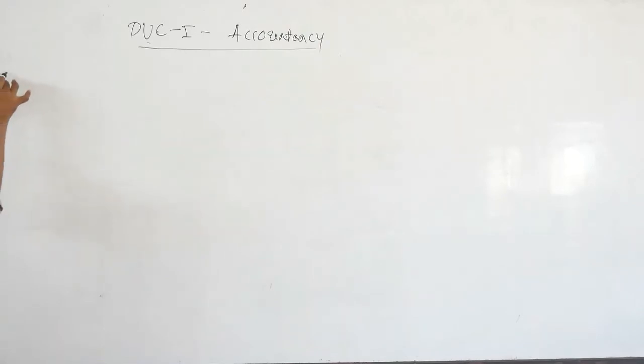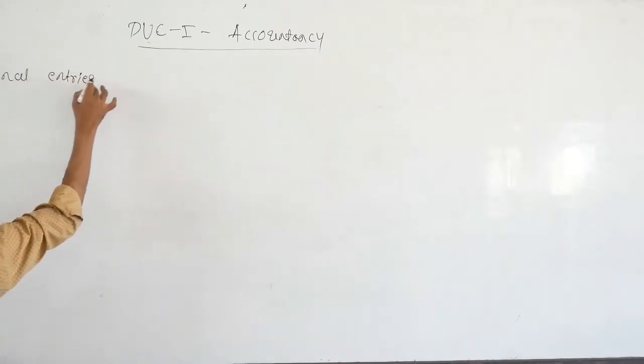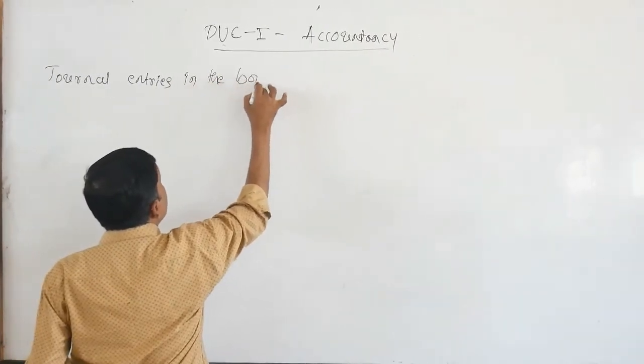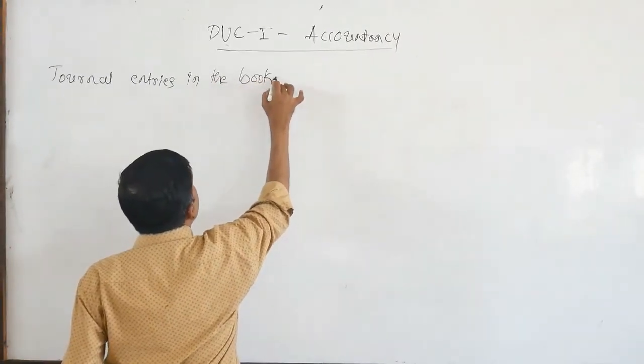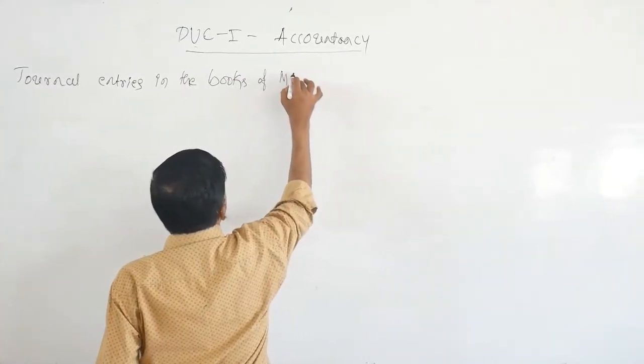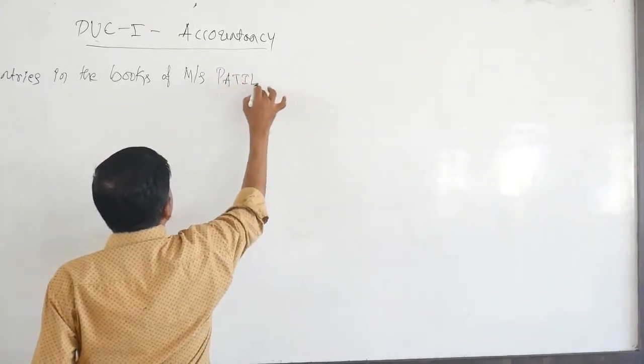Journal entries in the books of, here we need to write the proprietor's name, Messrs. Patil Brothers.